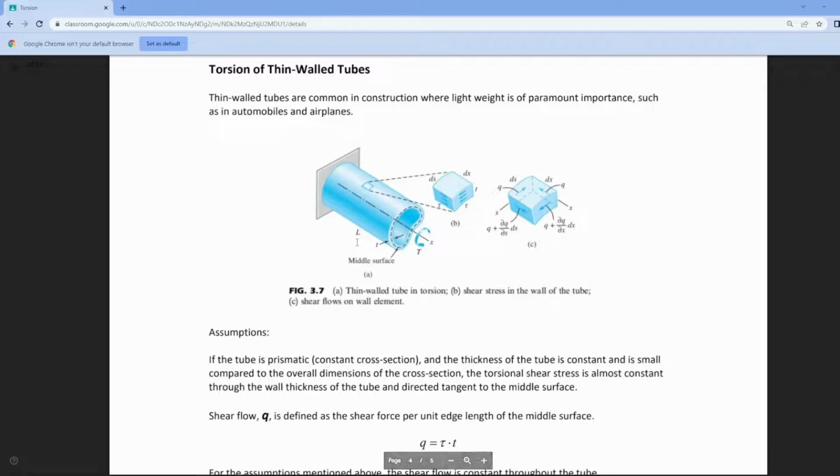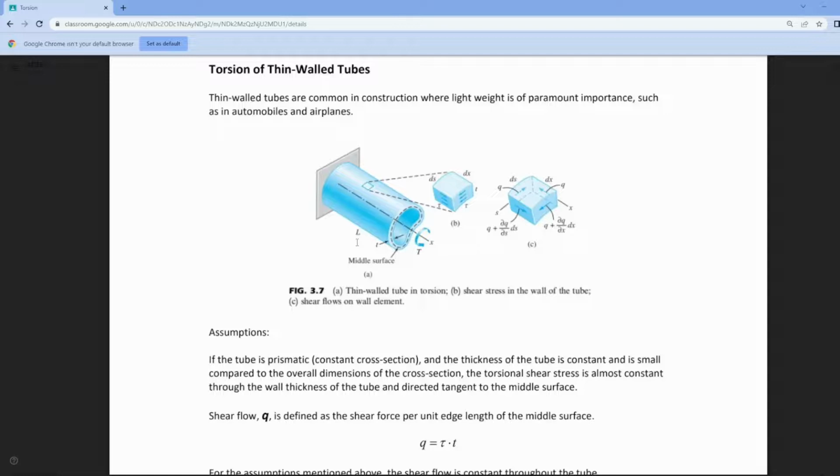Torsion of thin-walled tubes. Okay, so thin-walled tubes are common in construction where lightweight is of paramount importance, such as in automobiles and airplanes. Imagine your car with very thick steel all over; it needs to be lightweight, otherwise you can't run fast.